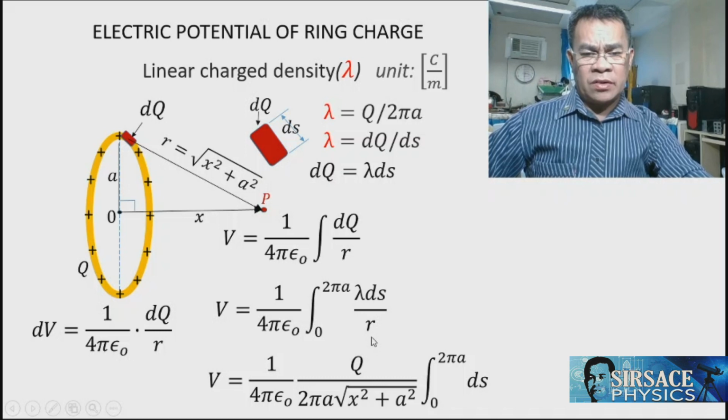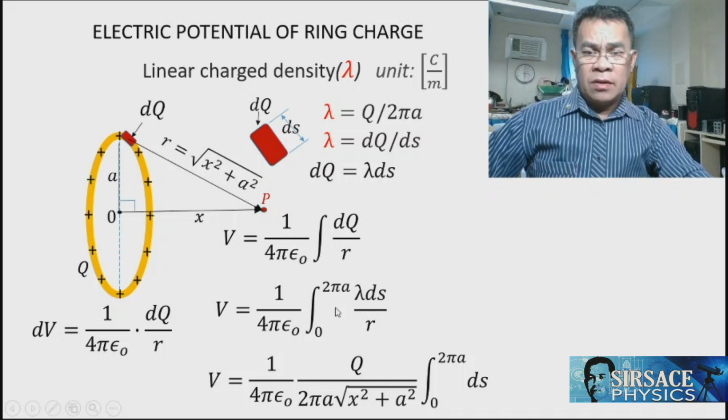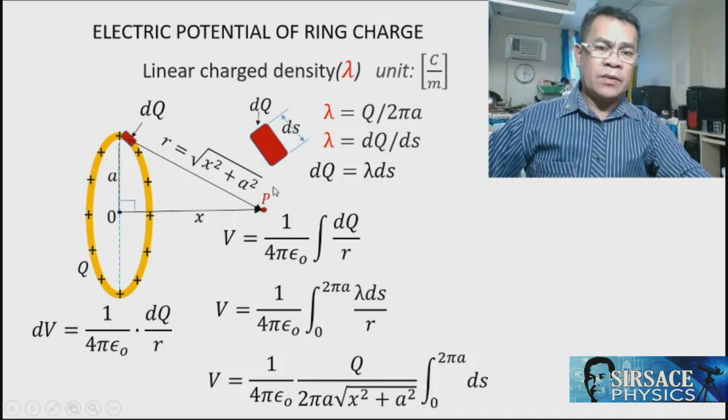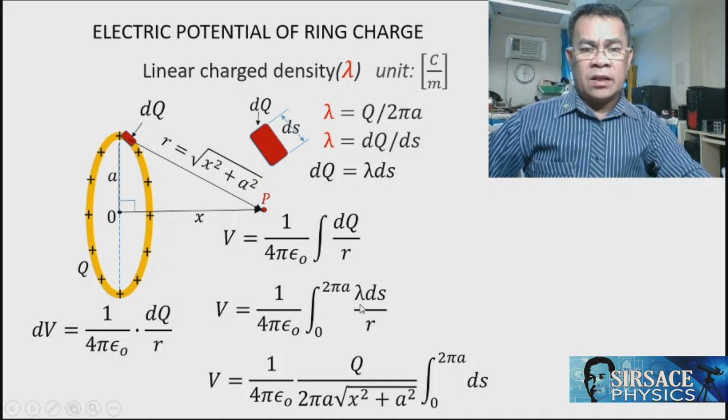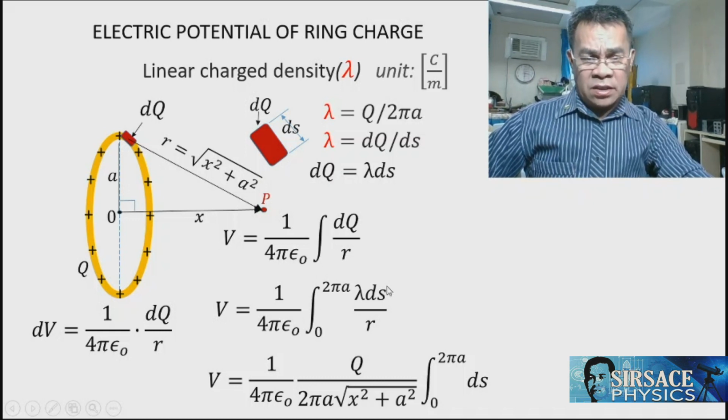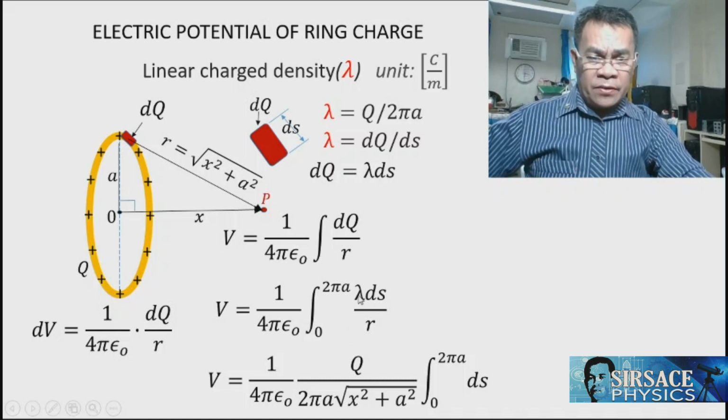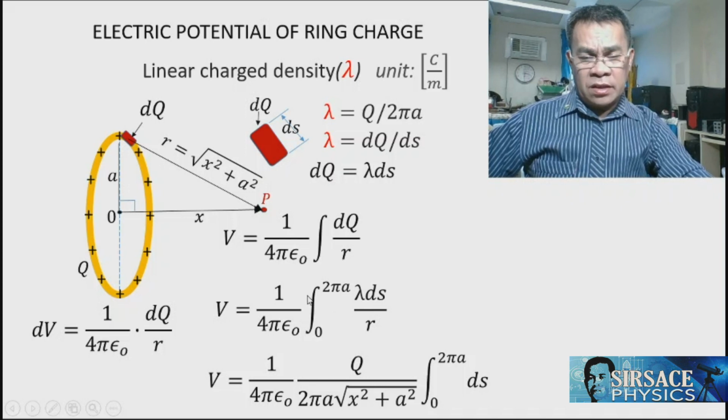So we can take it out, including r, because r will not change when this segment runs all throughout the ring. r is always r. So therefore, r will not be affected if we evaluate the integral. The only thing affected is the ds. So therefore, everything should be put outside the integral.